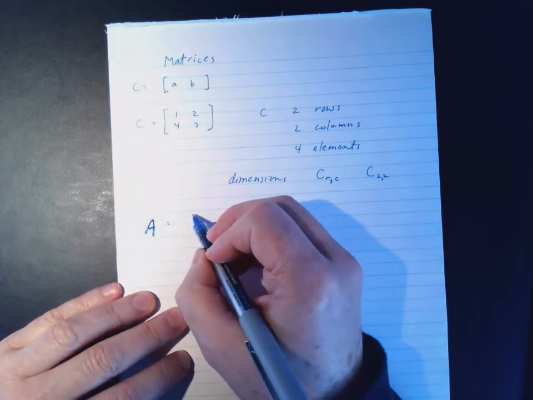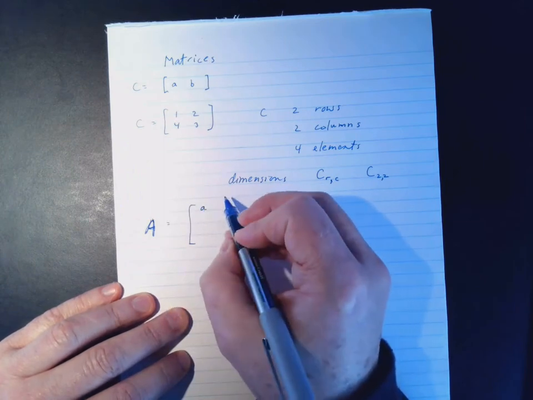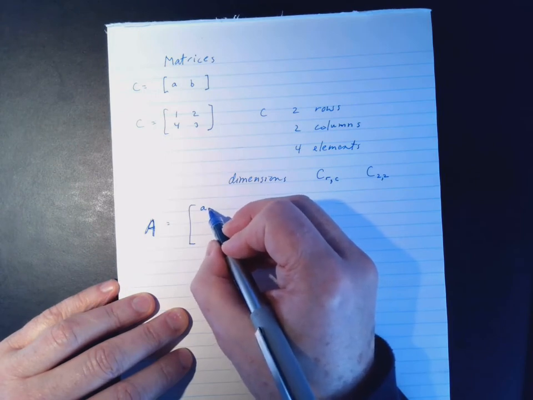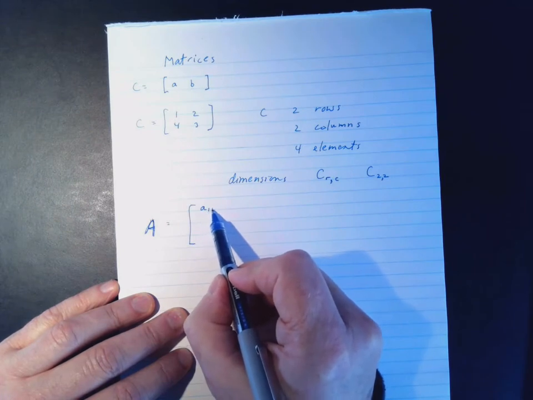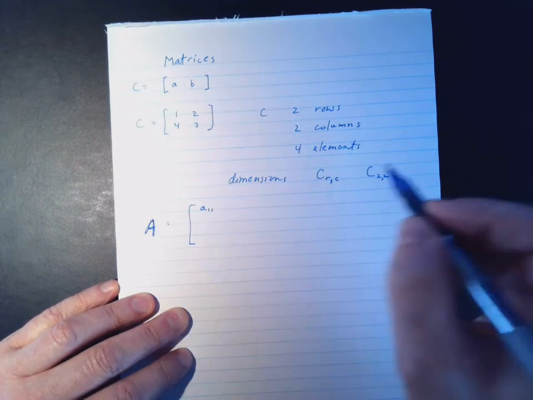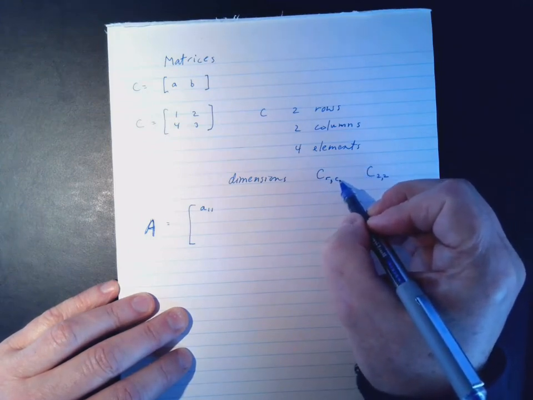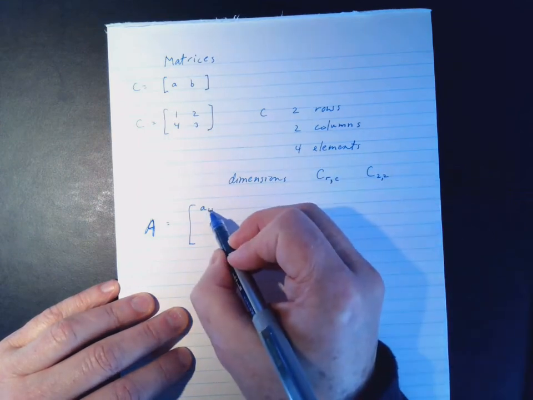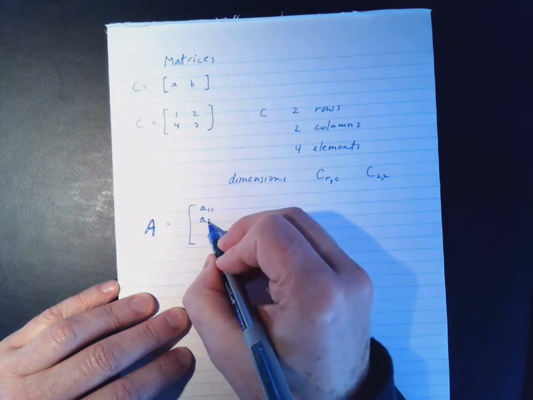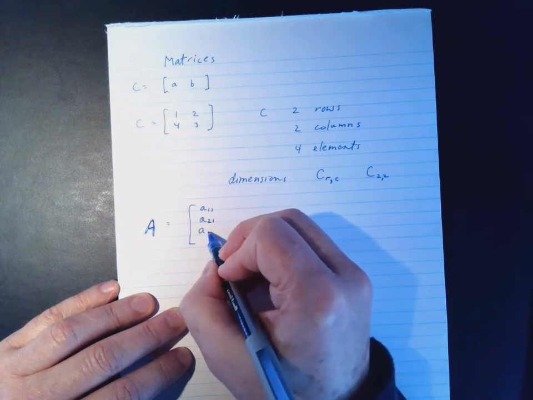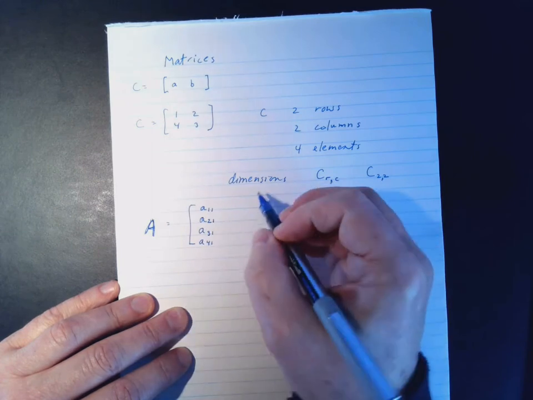So if we have a matrix A, then the first column is going to be denoted by lowercase elements a with two subscripts, and the first subscript always denotes the row and the second denotes the column. So we're up here in row 1, column 1. Now we go to row 2, column 1, and row 3, column 1, and row 4, column 1.